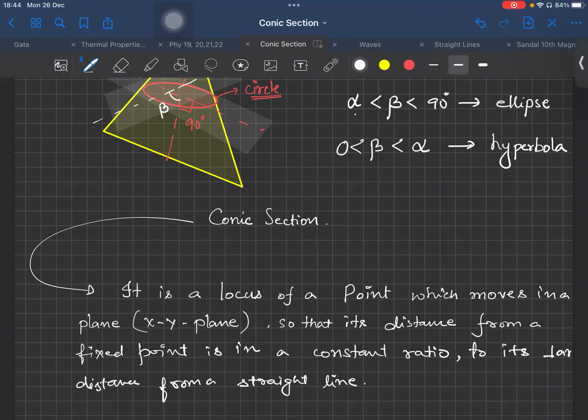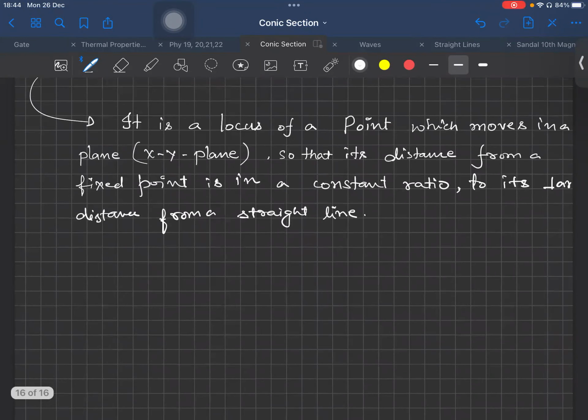Too many words, right? So let's try to understand it using the diagram. Suppose you have a straight line like this, and randomly a point here. Let's say this point is S. The definition of a conic section is a point which moves in a plane, so let's say this is the XY plane.